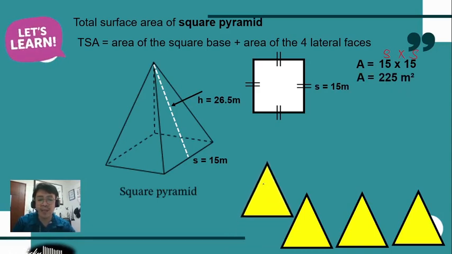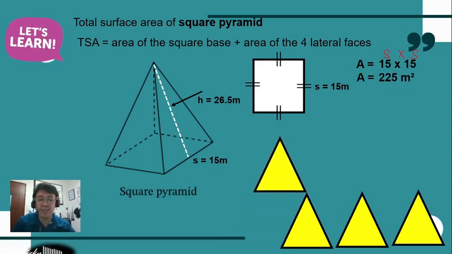Then to get the area of the first triangular face of the solid figure, the measurement of the base is equal to 15 meters, and the height is equal to 26.5. If you remember the formula for the area of a triangle, it is base times height divided by 2.